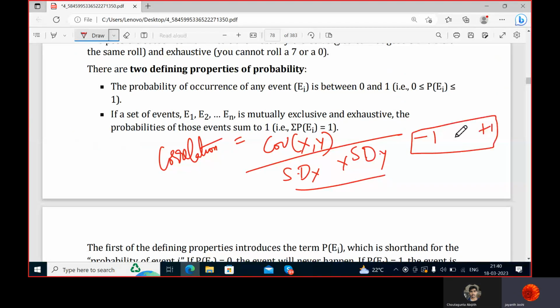To normalize, or to standardize, I have to divide with standard deviation, correct? So correlation is such a measure which always is between -1 and +1. It cannot go beyond these two. It's a scale. And to normalize or standardize this data, we have to divide with the standard deviations of both the variables, correct? So that we can put that in a scale or in a range.